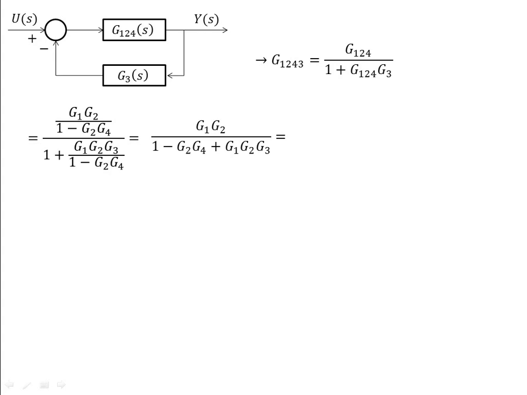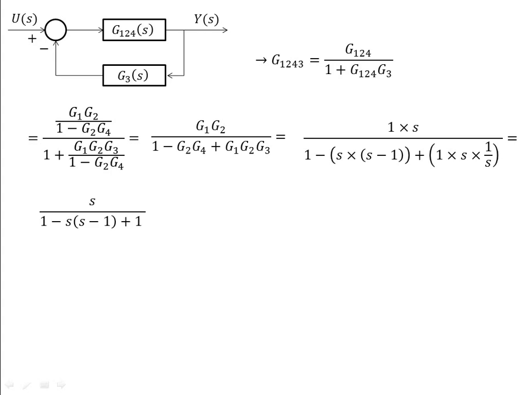If we substitute the values of the given transfer function for each block, G1, G2, G3, and G4, we will have 1 multiplied by s over 1 minus s multiplied by (s minus 1), plus 1 multiplied by s multiplied by 1 over s. This s will be cancelled out with this s, so the result of this parenthesis will be 1. One plus 1, I have 2. So the final simplified transfer function is minus s over s squared plus s minus 2.